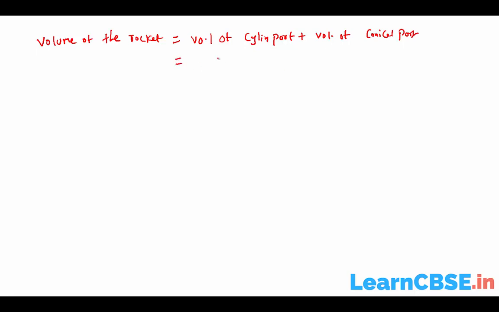That means pi r square h1 plus 1/3 pi r square h2. If you take pi r square common, h1 plus 1/3 h2. So 3.14 into 5 by 2 into 5 by 2 into h1, the height of the cylindrical portion, 21, plus 1/3 h2.